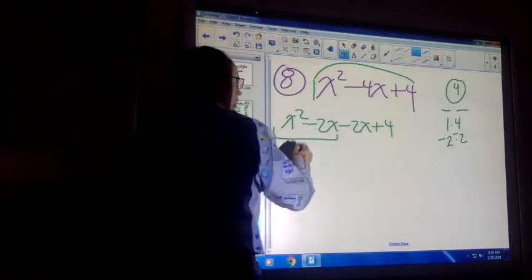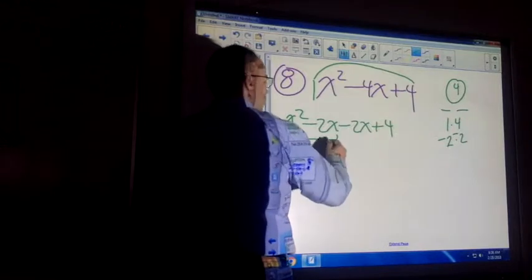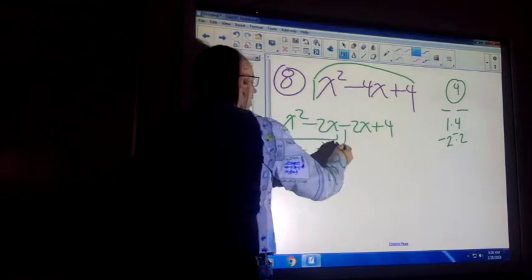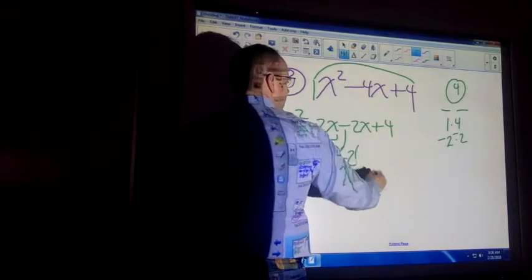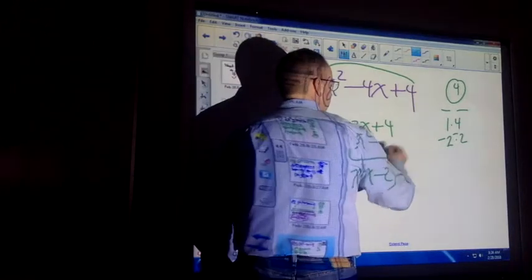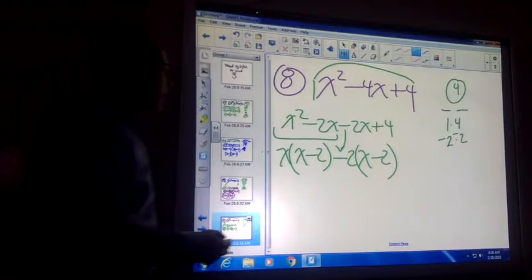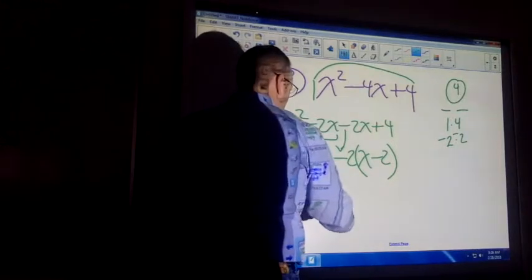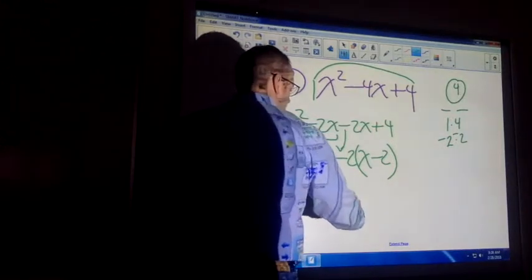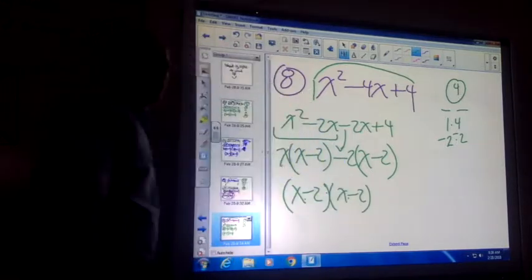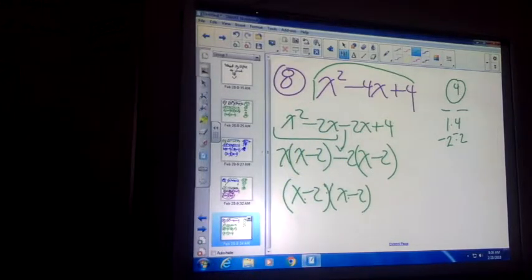I have an x, and that leaves me x minus 2. This sign has to come down. Factor 2 out of that. So I get x minus 2, x minus 2. Is that okay that I get the exact same binomials? Yeah. This one's actually called a perfect square trinomial, which is a term that we'll get to later.